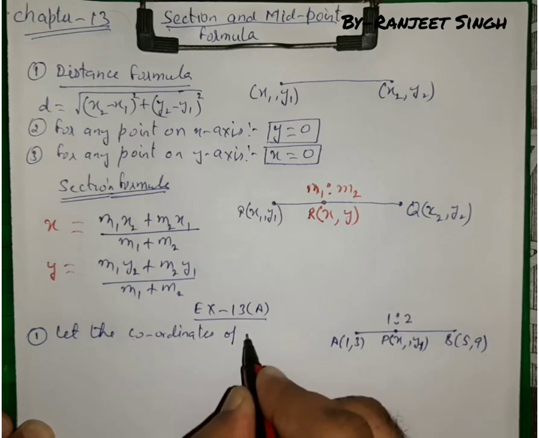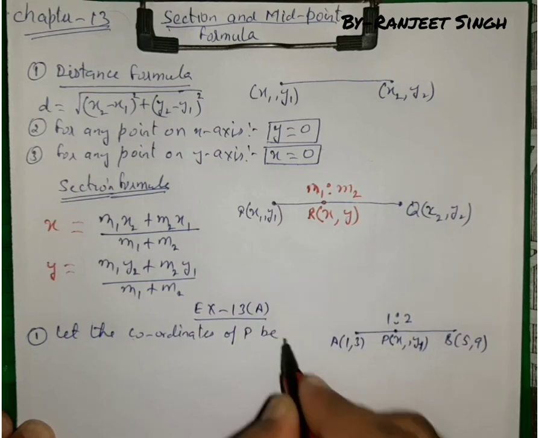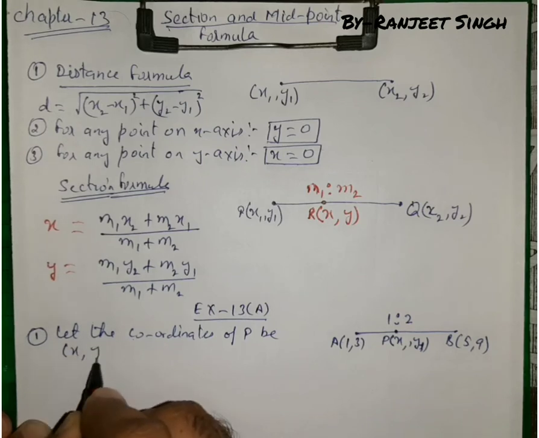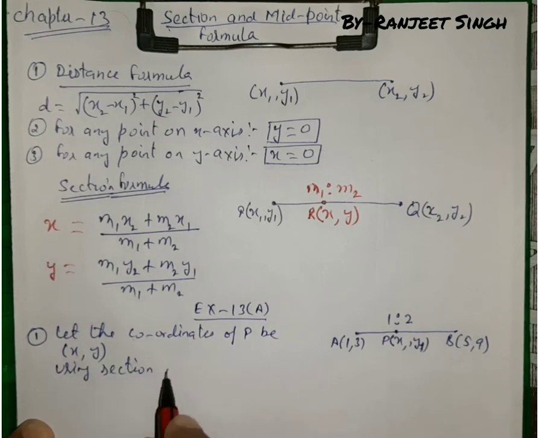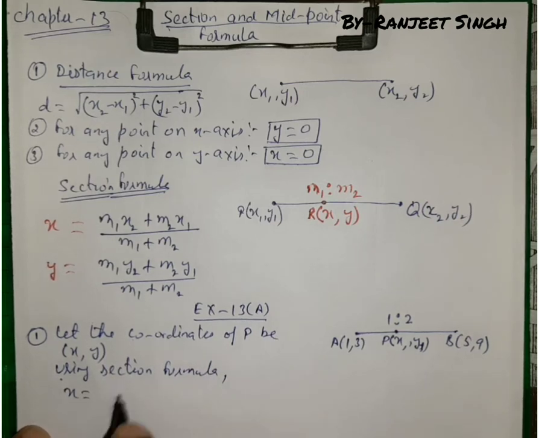So let the coordinates of point P be x comma y, and now using the section formula, x is equal to, we will write the formula first, m1 x2 plus m2 x1 over m1 plus m2.